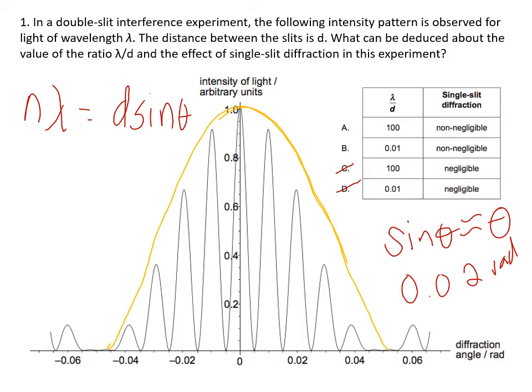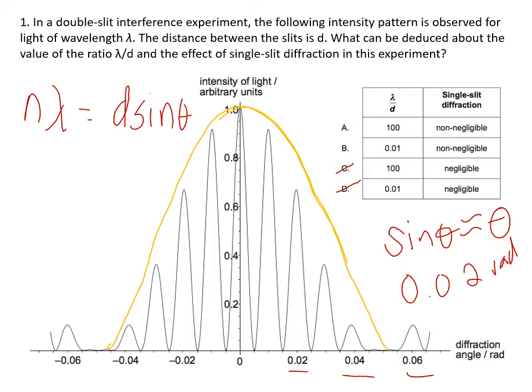You can use the small angle approximation. If you don't believe me, you can change your calculator to radians and test some of these angles. You'll see that the sine of these angles approximately equals just the angle itself. So it's a very handy technique.